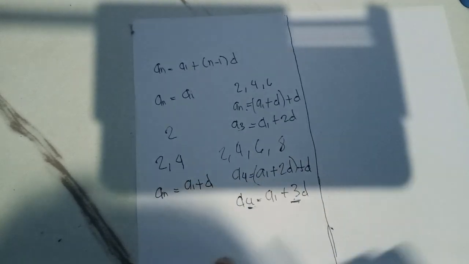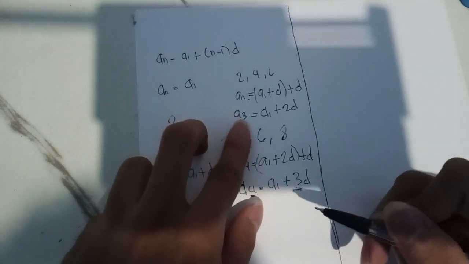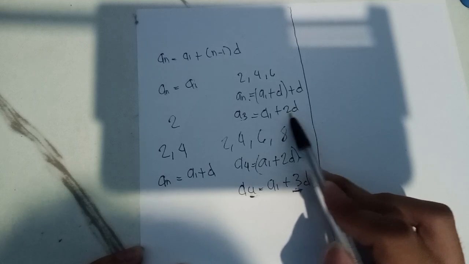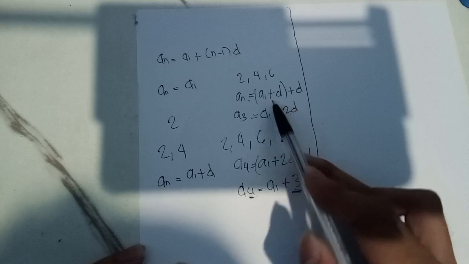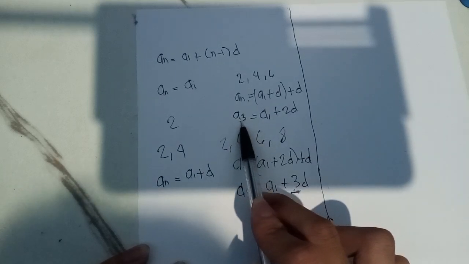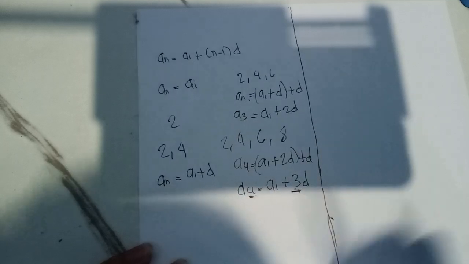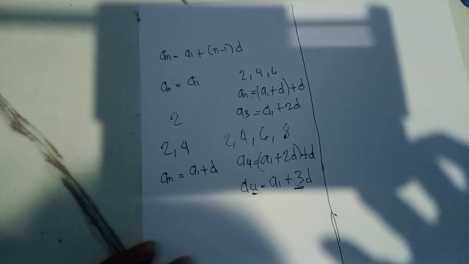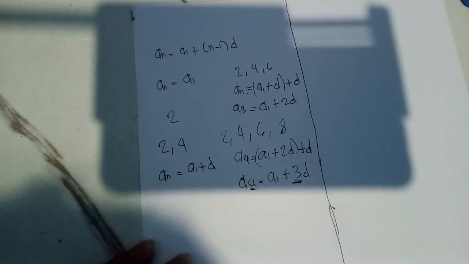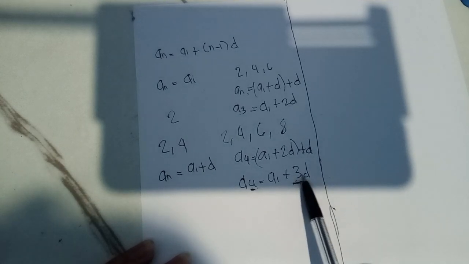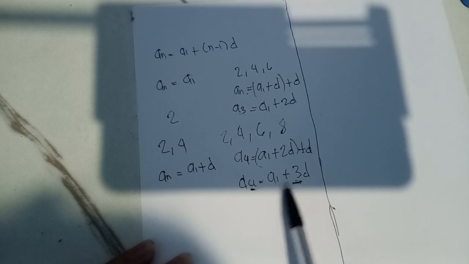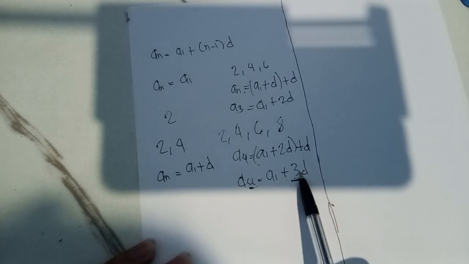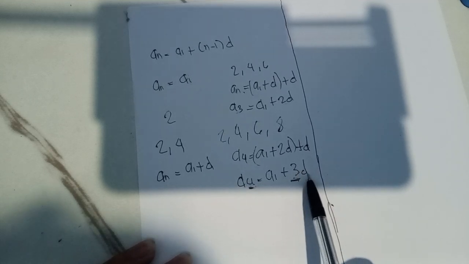So any number that is multiplied to common difference, we will just add 1 in order to identify the number of terms. So our formula will look like this. So as I was saying, we will subtract 1 from our number of terms in order to get the multiplier of our common difference.